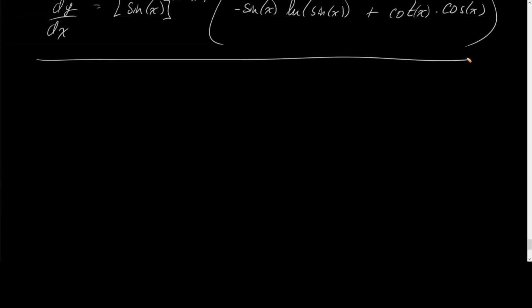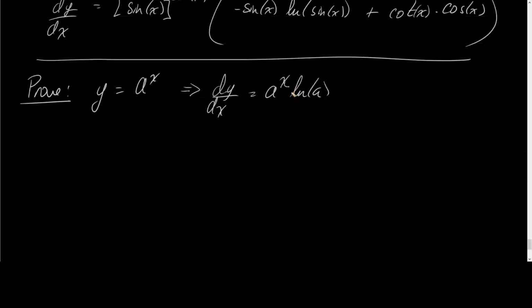So these are proofs from 3.4 that we didn't have the tools to see why they were true. So here, first I'm going to prove that if y is equal to a to the x, then dy dx is equal to a to the x ln of a. All right. So let's start with that.